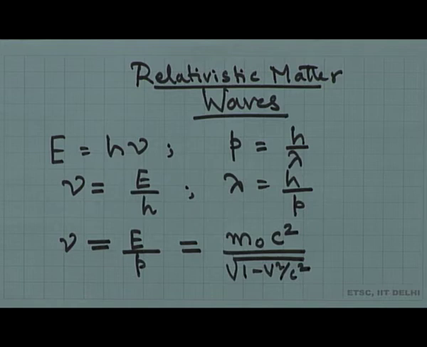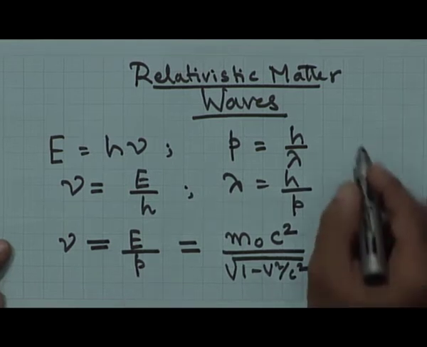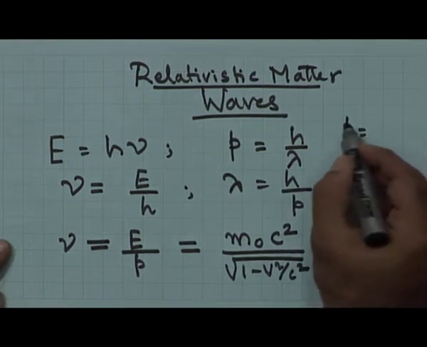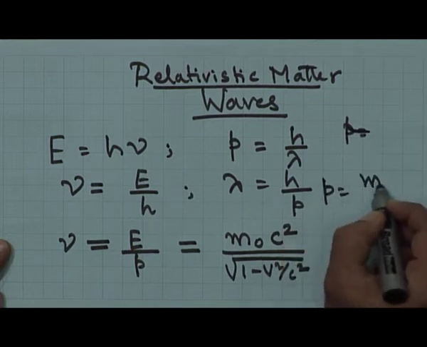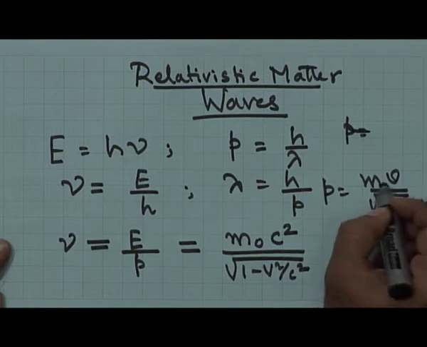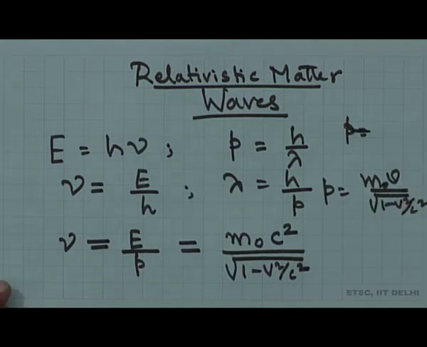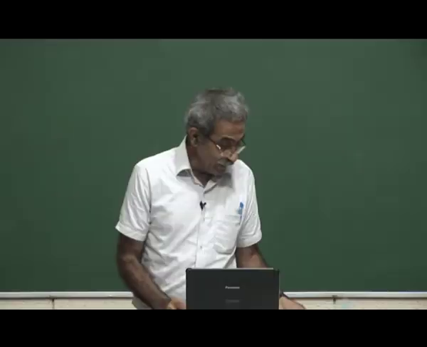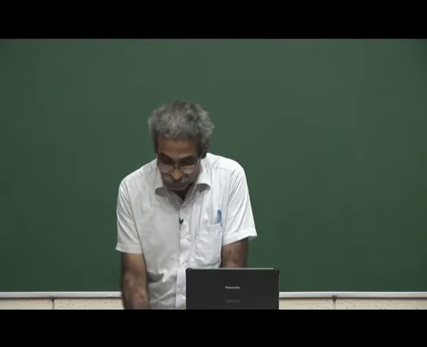This is your relativistic energy. In fact, you are going to use it quite a lot when you study nuclear physics, mass defect and all those phenomena. So you have that. And my momentum is m v over root of 1 minus v squared by c squared. I will put an m naught because I have to remember it as a rest mass.